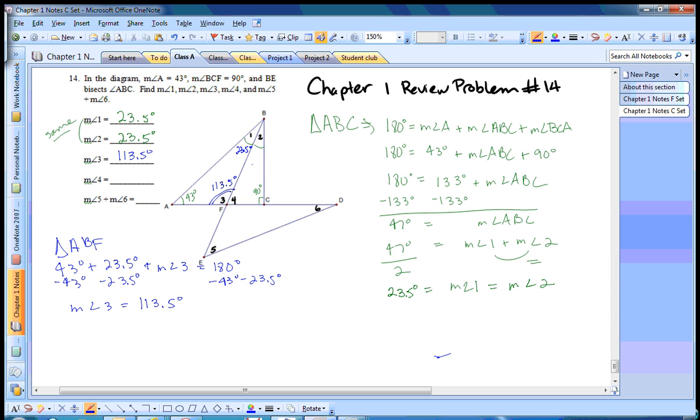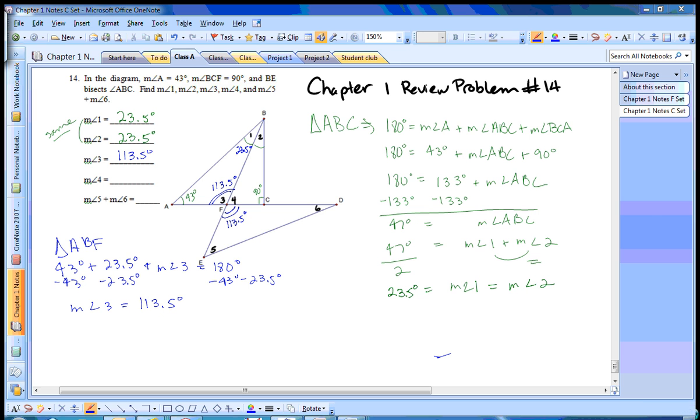Now I'm noticing at this point that across from angle 3, it's not numbered, but angle EFD is considered a vertical angle with angle 3. And we know that vertical angles have the same measurement. So if this is 113.5, then this is 113.5. That might be useful later on.